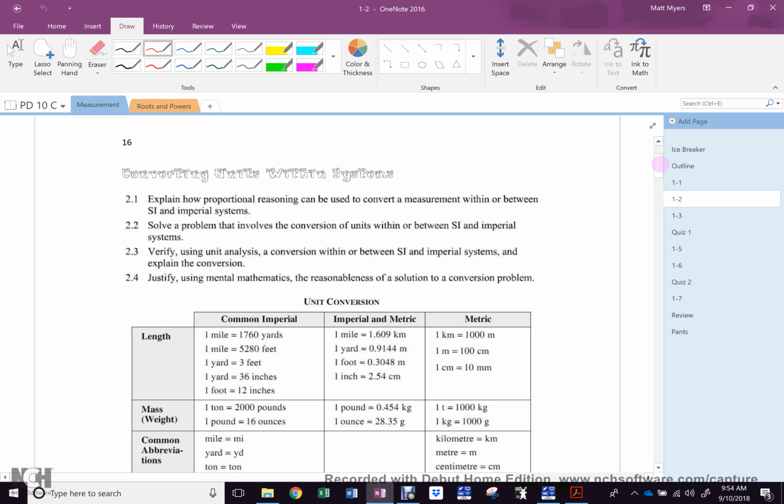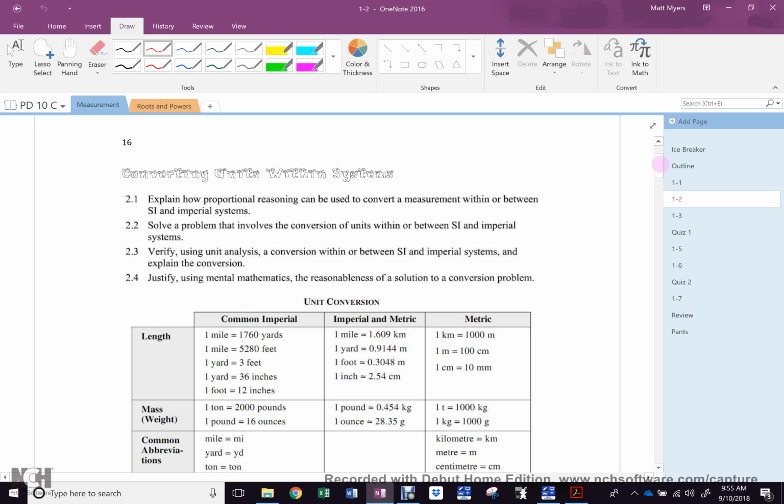It just makes life easier, especially if you plan to ever visit the United States and drive somewhere down there. But to convert between systems, you use the exact same method as converting within systems. So I start with within systems because you can see how it will work.